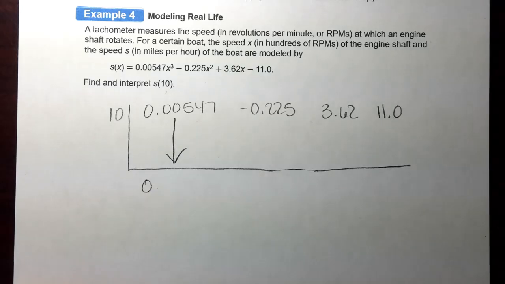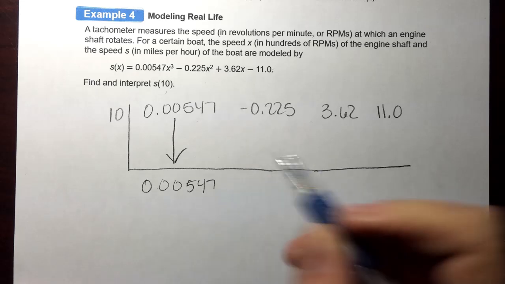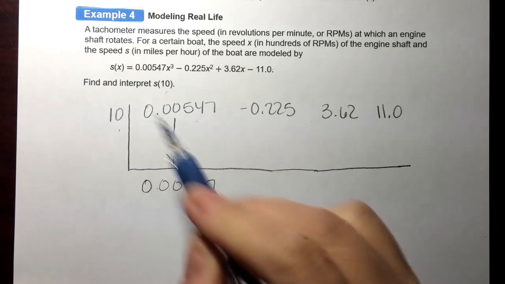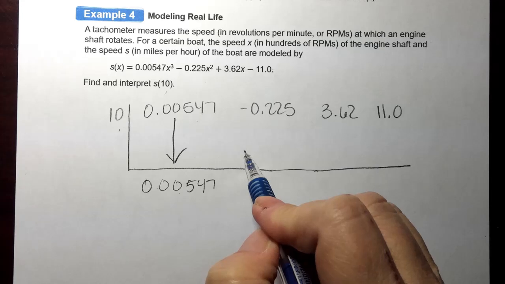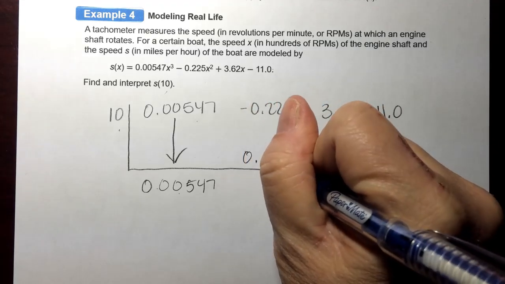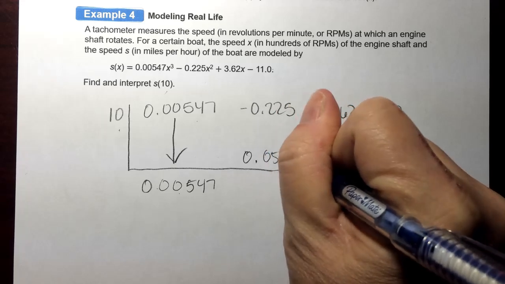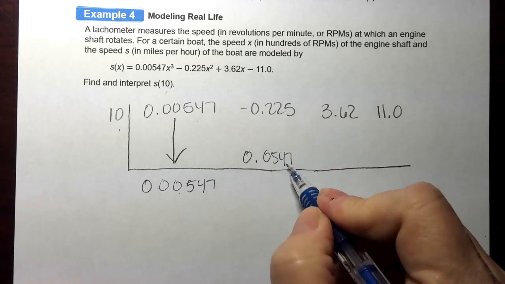So we have 0.00547. Now remember, we're going to take this number, multiply it by this one, and it's going to give us this number here. If we do that, we get 0.0547. To save time on the video, I decided to do the calculations for you and not make you watch them. And then we add down.